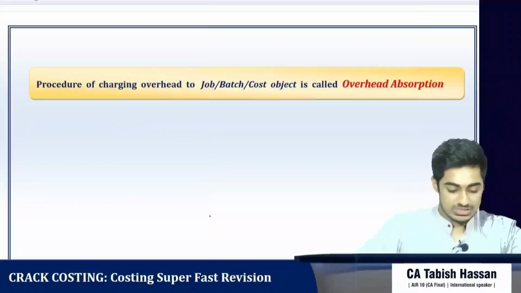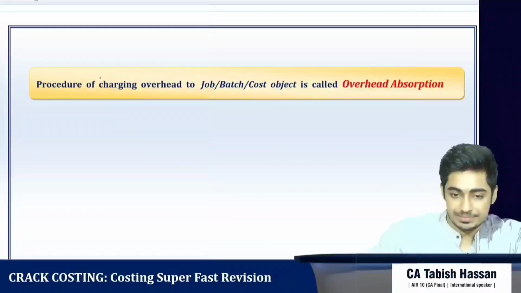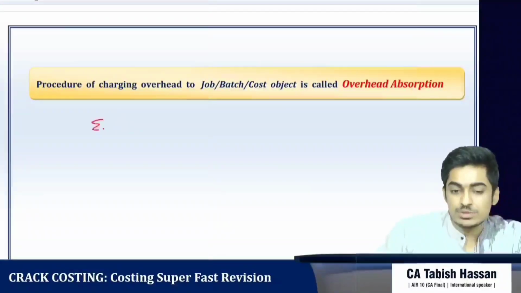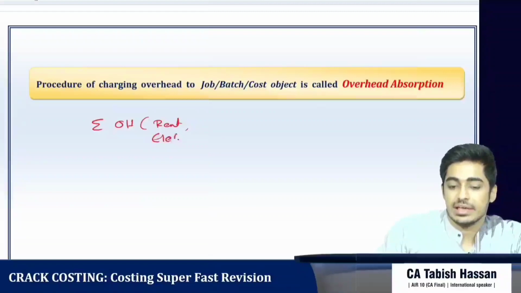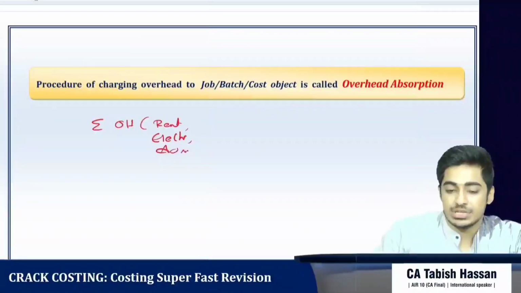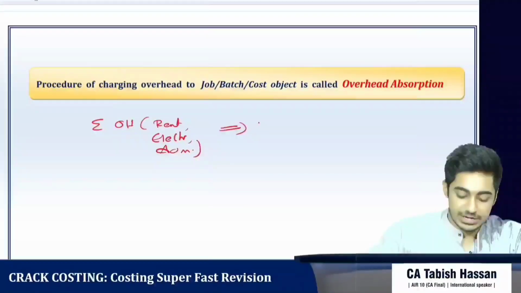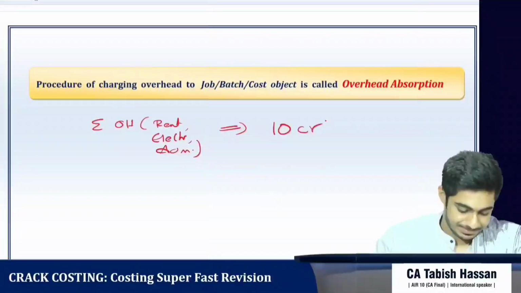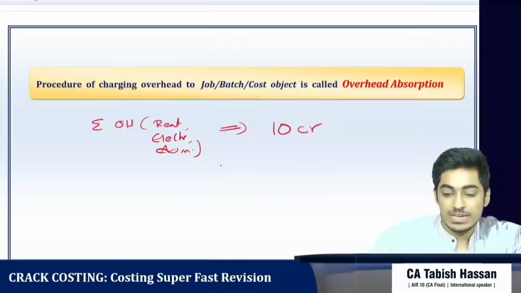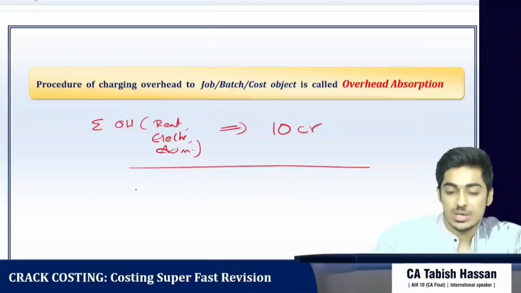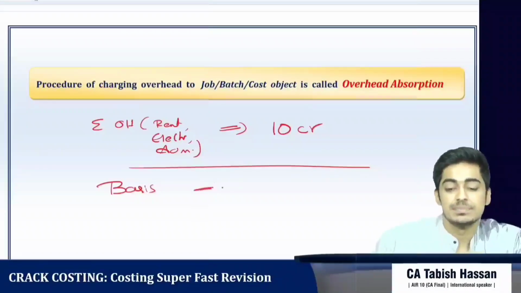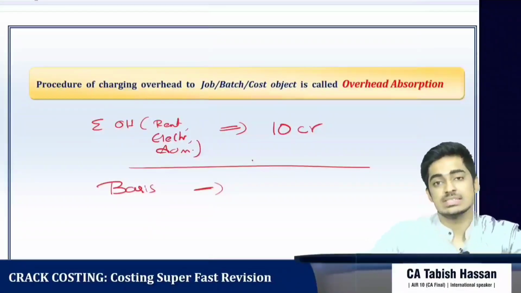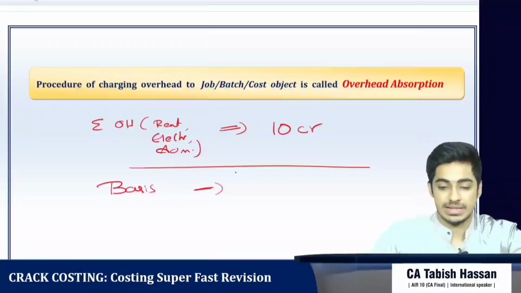So how do we do this? Say for example, we have the total of overheads. Say rent, electricity, administration expense, everything combined together comes to, say for example, 10 crore. We divide the total overheads with a suitable basis. Say for example, the basis is the total amount of direct materials.